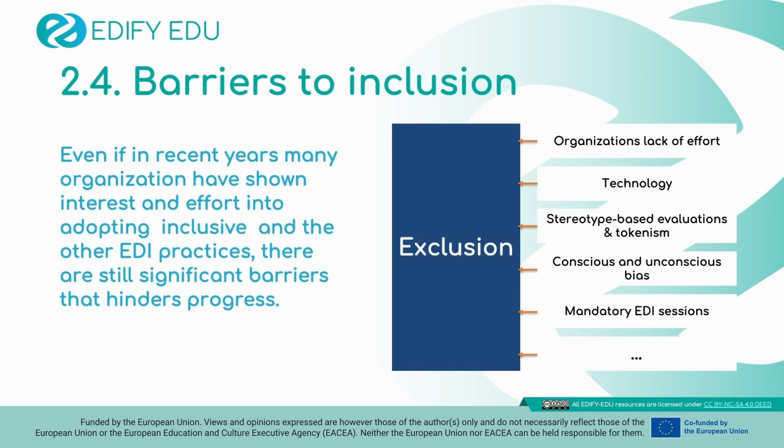Introducing diversity, equity, and inclusion initiatives within human resource management faces obstacles including opposition, data scarcity, and cultural hindrances, which can slow its advancement. These barriers include unconscious bias, lack of awareness or understanding of EDI principles, and resistance to change.